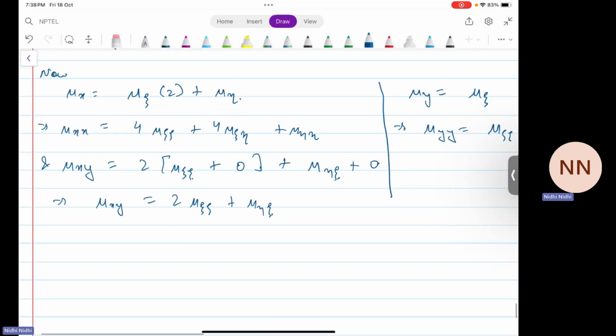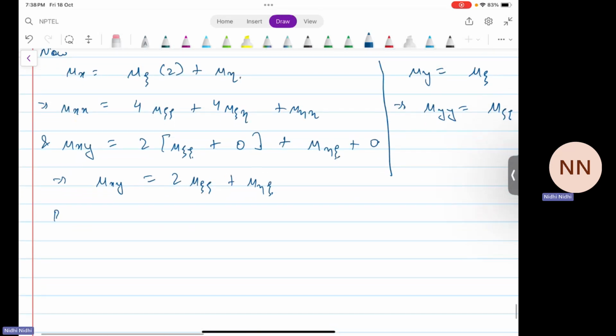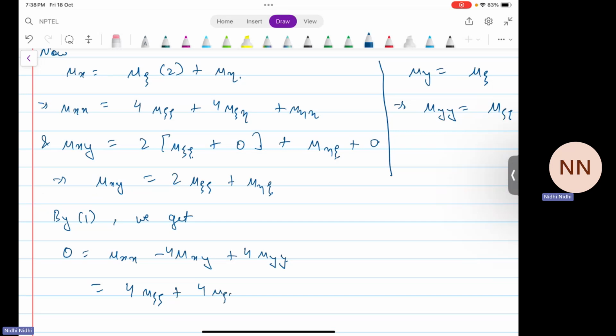So substituting these in equation 1, we get 0 is equal to uxx minus 4 times uxy plus 4 times uyy, so the uxx is 4u zeta zeta plus 4u zeta eta plus u eta eta, minus 8u zeta zeta minus 4u eta zeta, plus 4u zeta zeta.